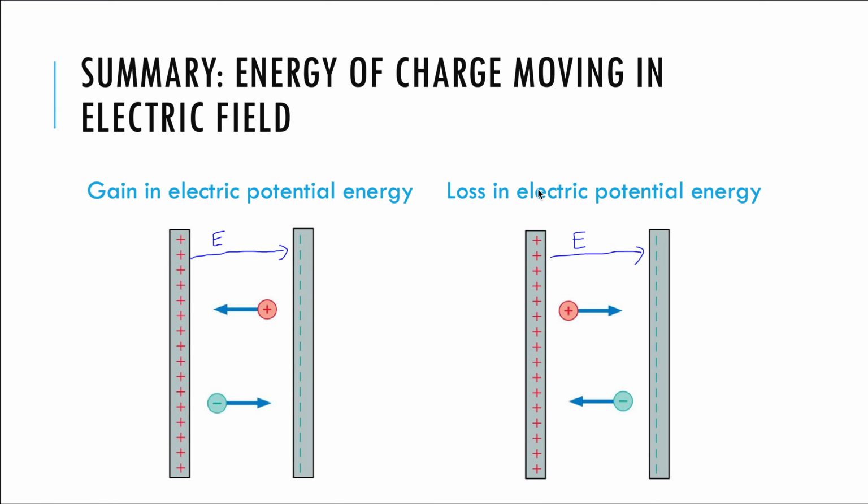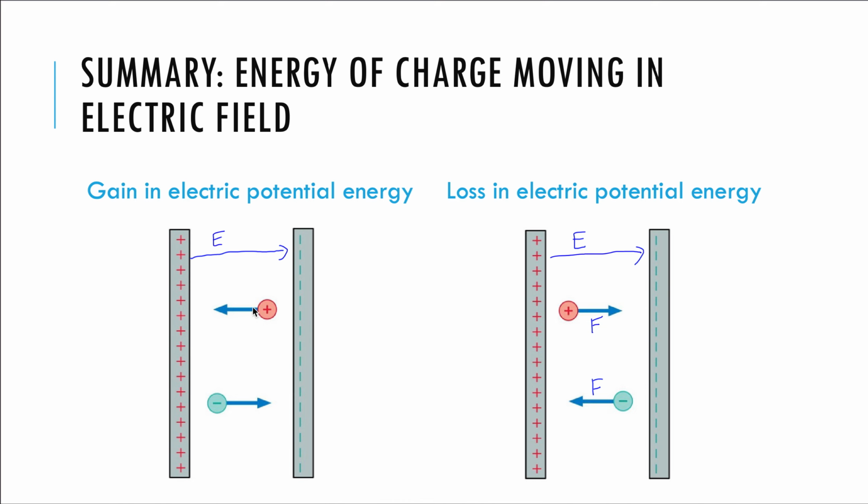We're going to have a loss in electric potential energy when a positive charge moves the way that it naturally wants to go, which is along the field, to the right. A negative charge experiences a force opposite the electric field, so it naturally wants to go to the left, towards that positive charge. In both cases, when the charges go the way they naturally want to go, they will lose potential energy.